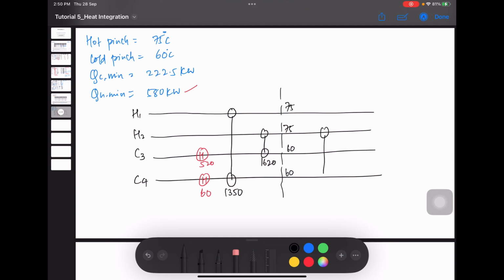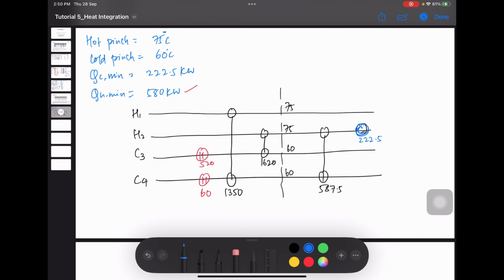Between 1 and 3, 587.5. Then you have one cooler, 222.5. All right.